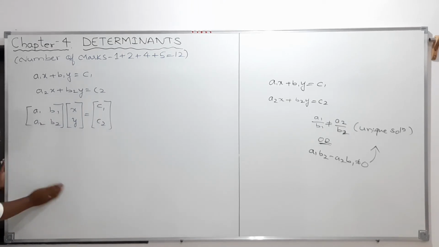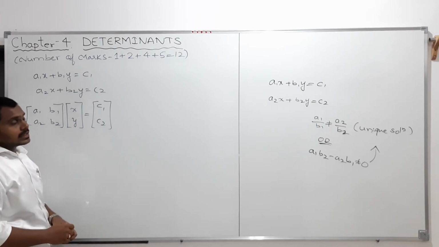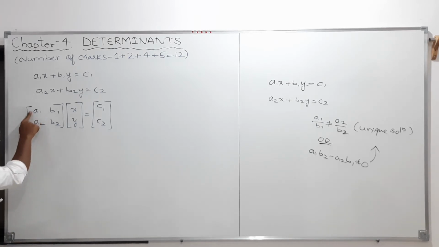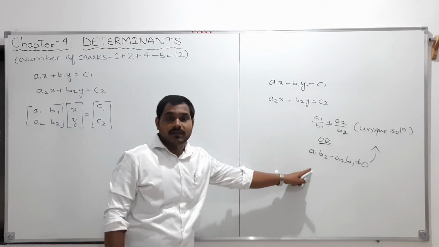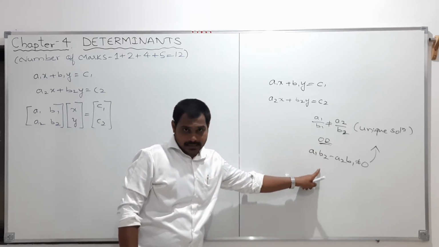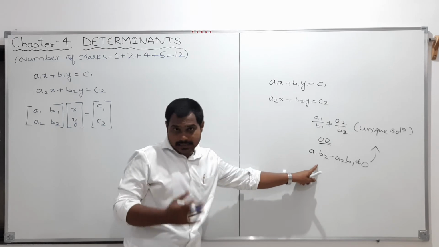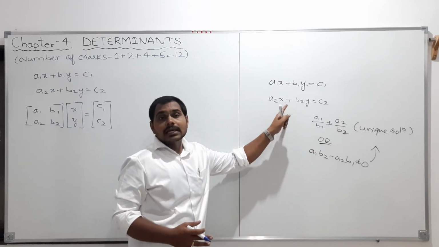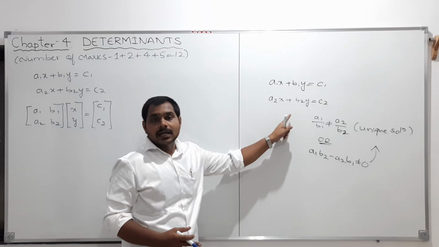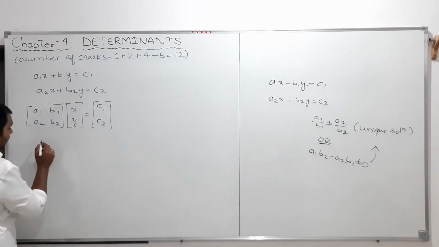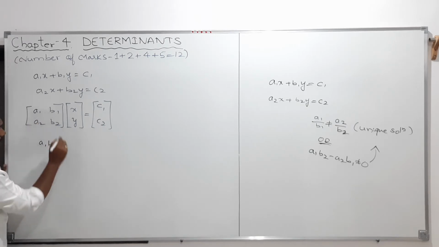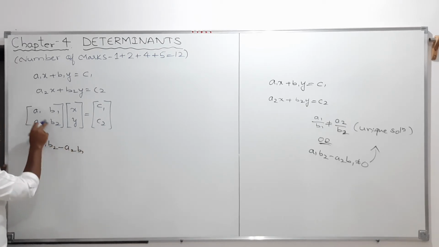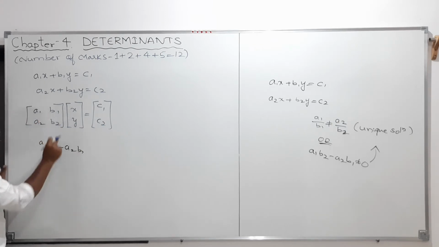So here, my dear students, as I told you, if you multiply this, again you will get this. Here, a1 b2 minus a2 b1 will determine, or will tell us, the uniqueness of the given linear system of equations. This is a1 into b2 minus a2 into b1.